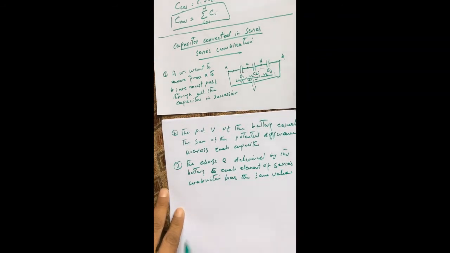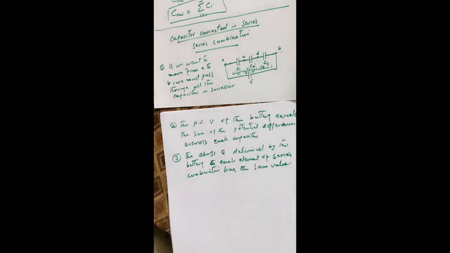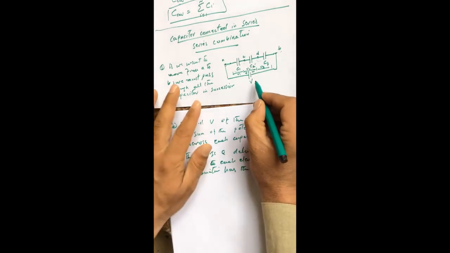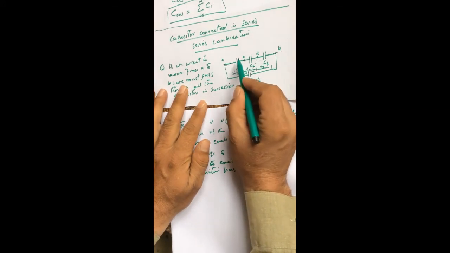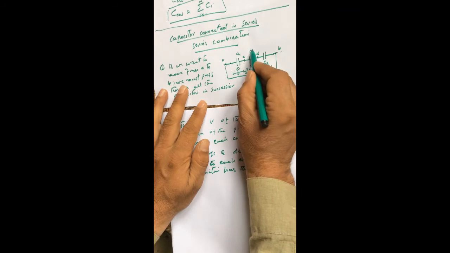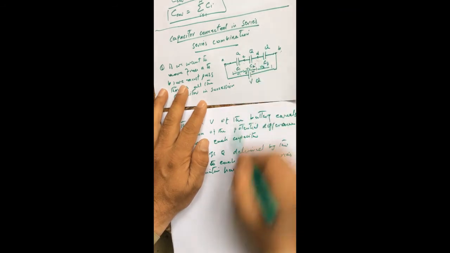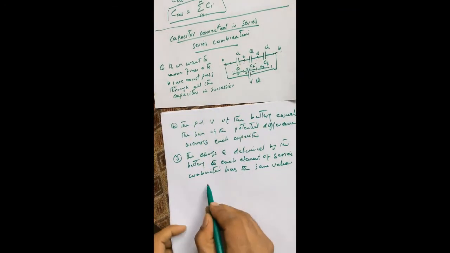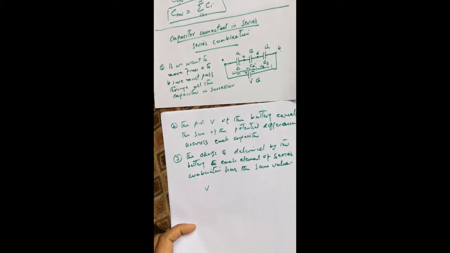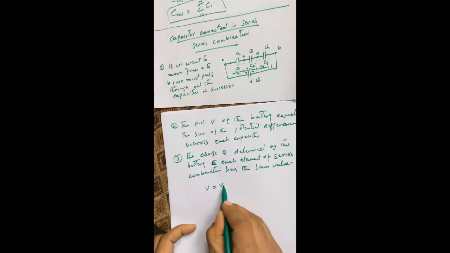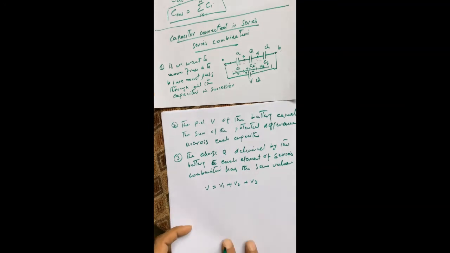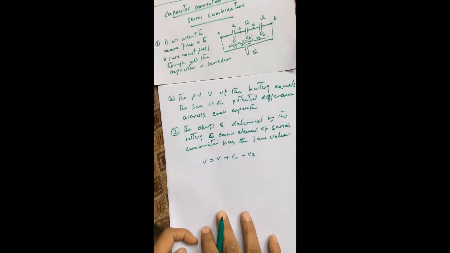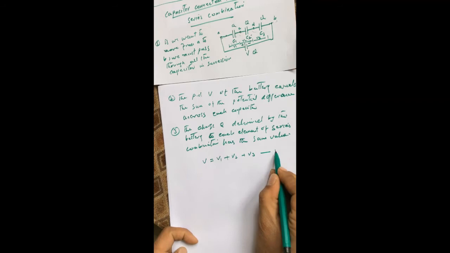Like if Q charge is delivered by this battery, then that Q charge will appear on this capacitor, which also appears on this capacitor, which also appears on this capacitor. So the potential difference of the battery is equal to the sum of the potential differences across the three capacitors. Let's say this is equation 1.